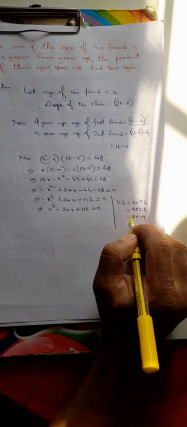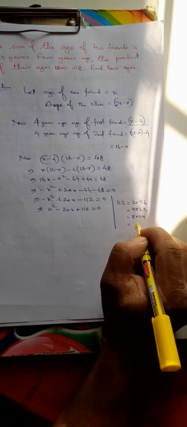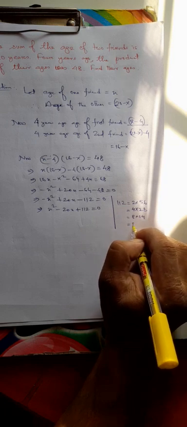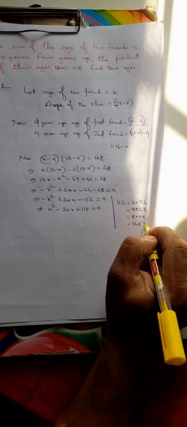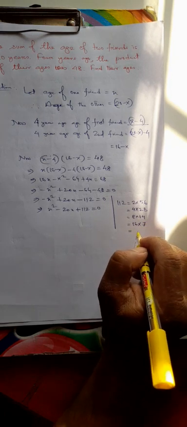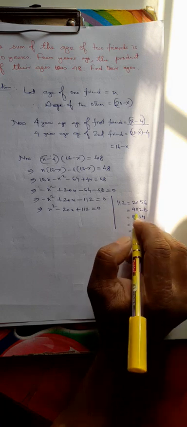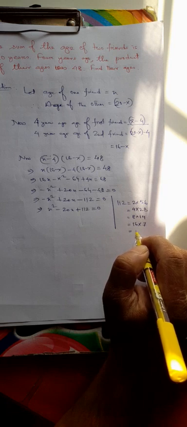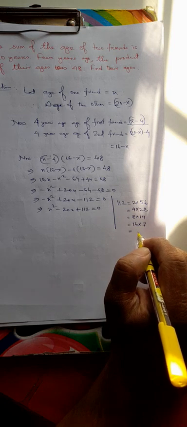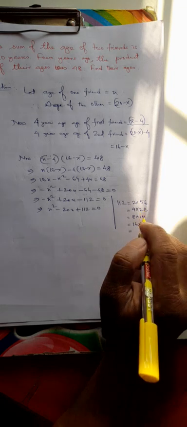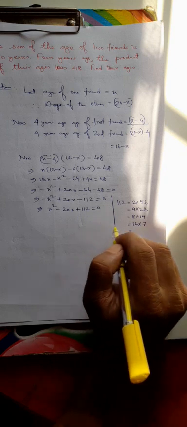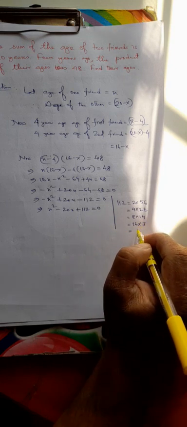Not divisible by 12. 14. 16. If it is divisible by 16, 16 into 7. 18. If it is divisible by 18, 18 5s are 90. 18 6s are 108. Right? So it is not divisible by 18. So how do you find 20 here? If it is divisible by 12, no.